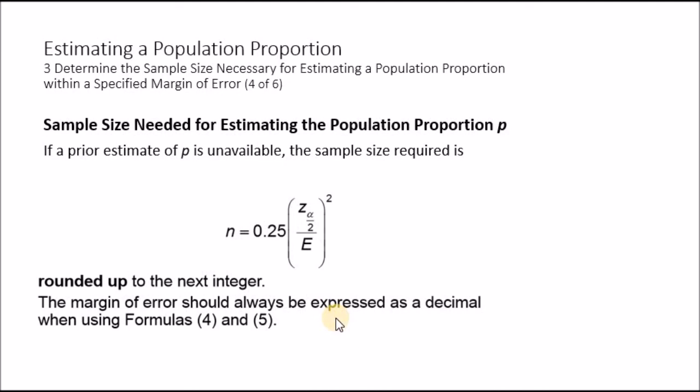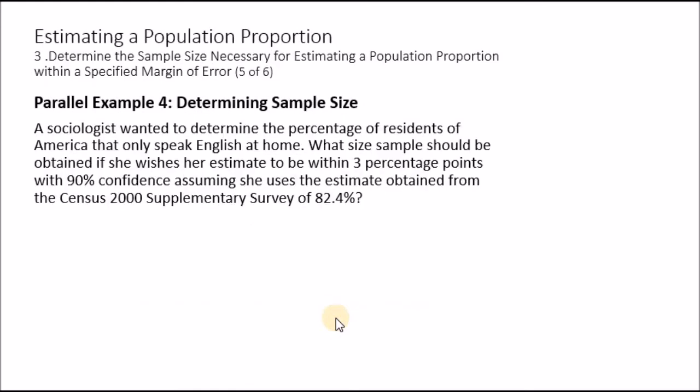If a prior estimate of P is unavailable, then the sample size required is n equal to 0.25 times Z sub alpha divided by 2, divided by the margin of error, all squared. Notice here that p hat times 1 minus p hat is equal to 0.25 because we assume that p hat is equal to 0.5.